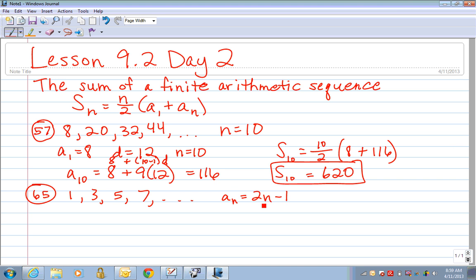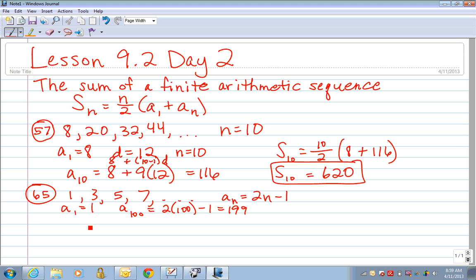We need to know the rule because then we're looking for the sum of the first 100 positive odd integers. So we know that the a sub 1, just to gather my information, is a 1. And then to find a sub 100, we're going to plug into that rule we just said, 2 times 100 minus 1, which would be 199.